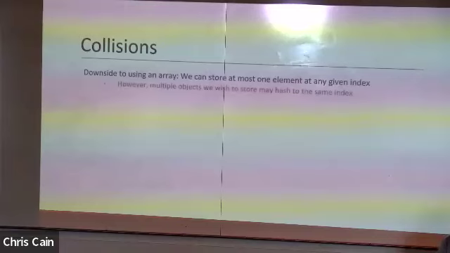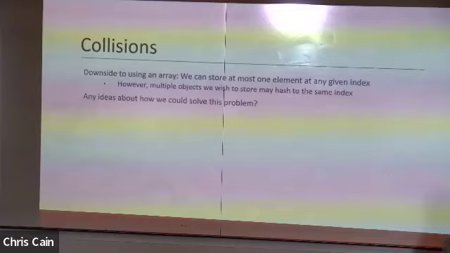And if we try to store multiple objects that hash to the same value at the same index, we get what we call a collision. Now it's time to brainstorm and see if we can come up with any ways that we can avoid collisions. I'll start with a stupid answer.